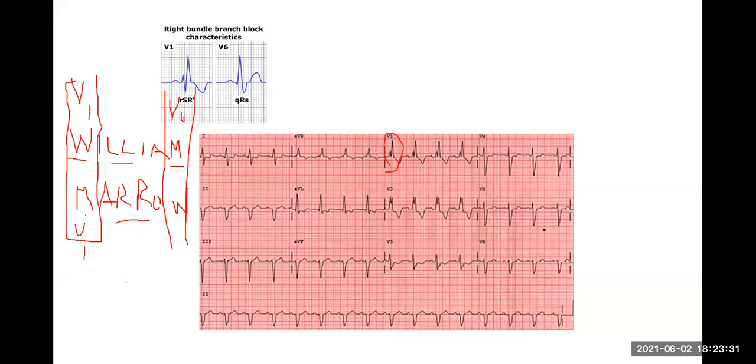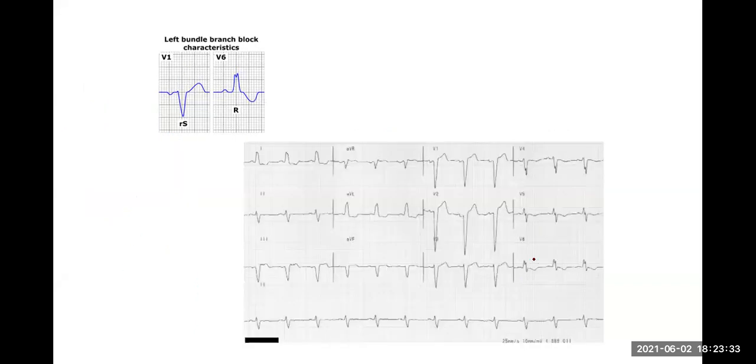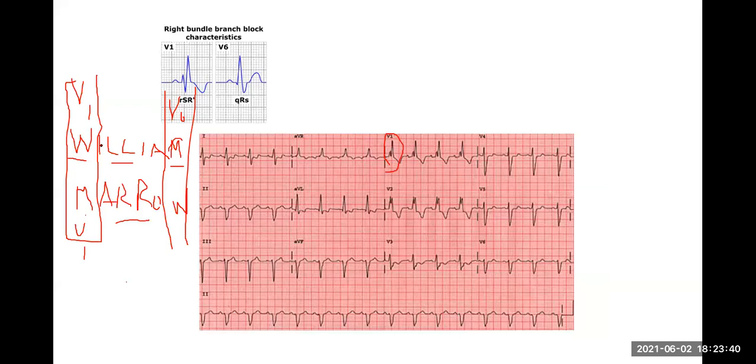In this, M shape in V6. M shape in V6 is a left bundle branch block.